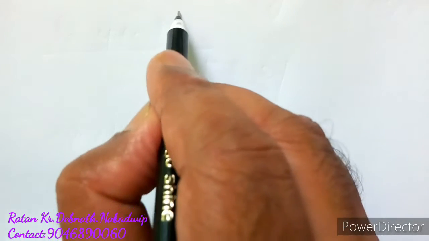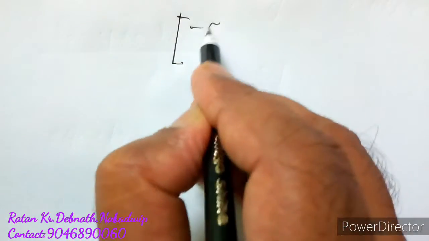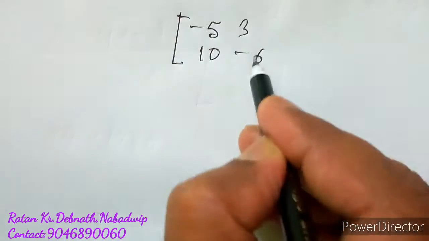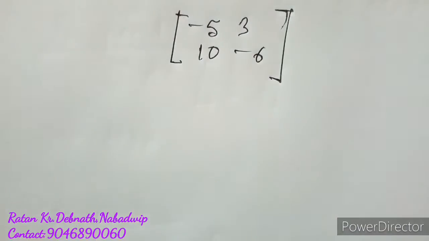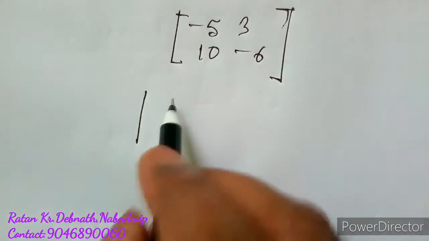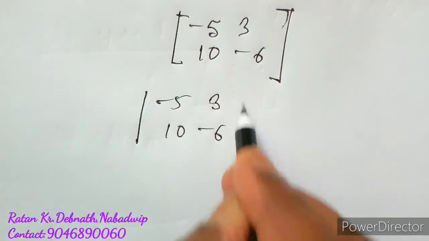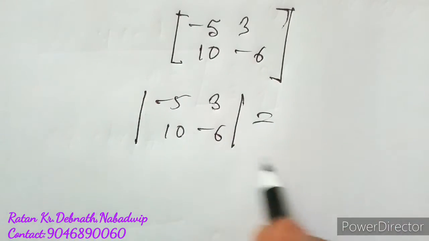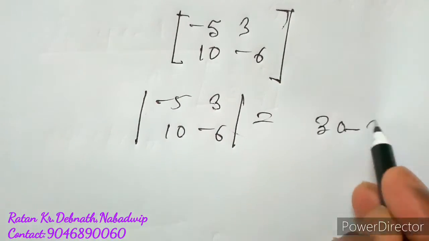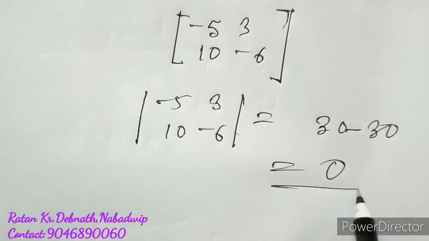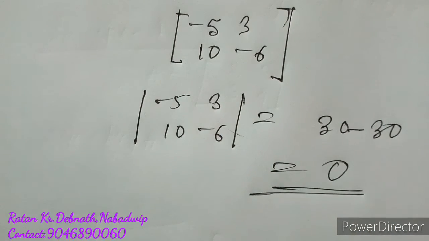Like -5, 10, 3, -6 is a matrix, and determinant equal to 30 minus 30 results in 0, so it's a singular matrix.